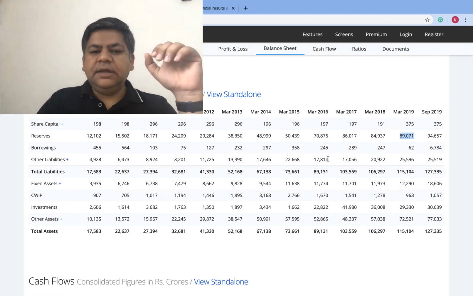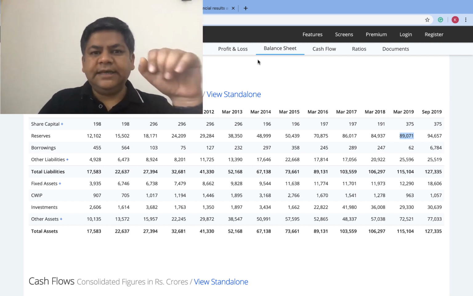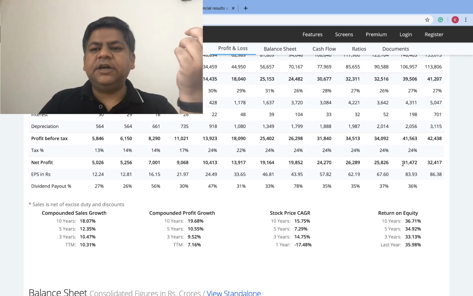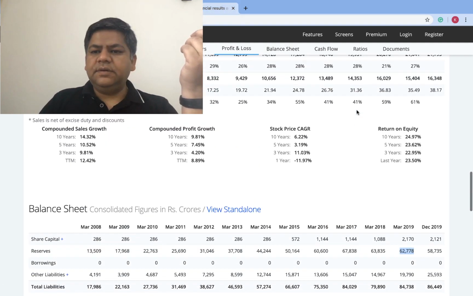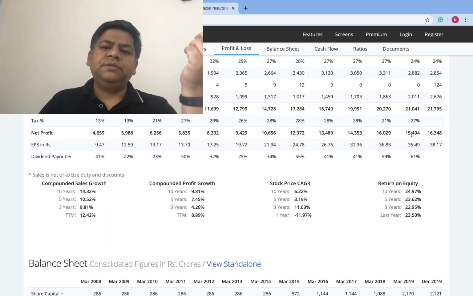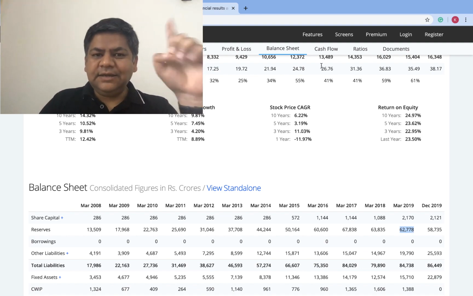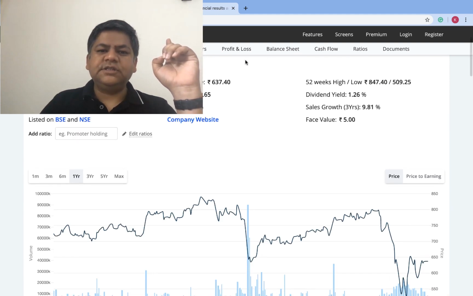But then it looks similar, but you have to again go and take the efficiency of Infosys in terms of how much money they are creating out of it. 15,000 crore. So what you can see is that TCS return on equity is much higher than Infosys.